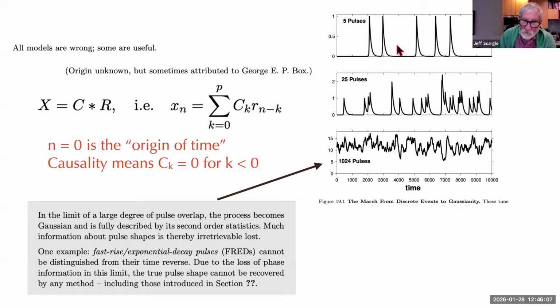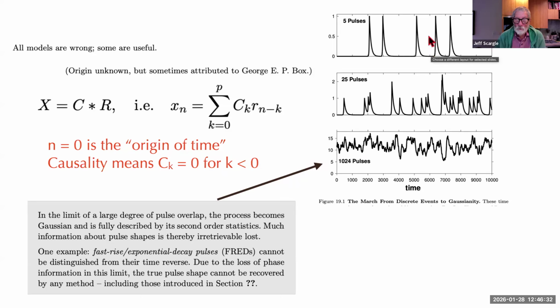And this cartoon just shows that, and this gets back to the point earlier about overlapping pulses, as you get more and more overlap between the pulses, the process in the limit becomes Gaussian, and you cannot distinguish the shapes of the pulses at all. There's no method on Earth that can distinguish.